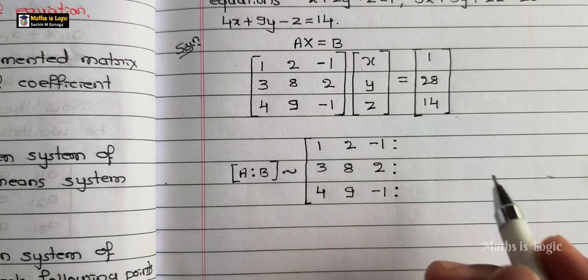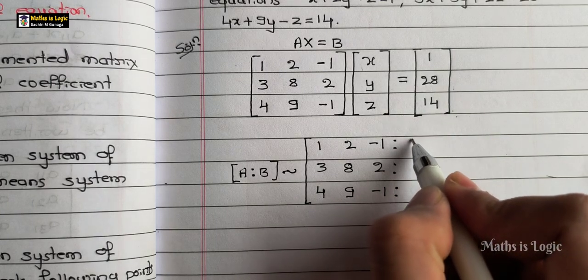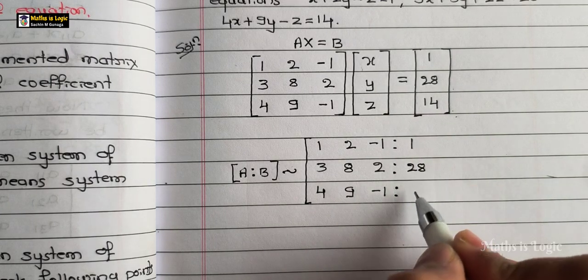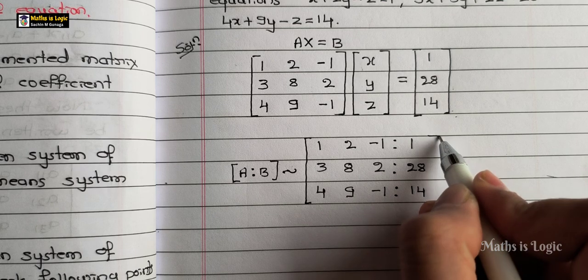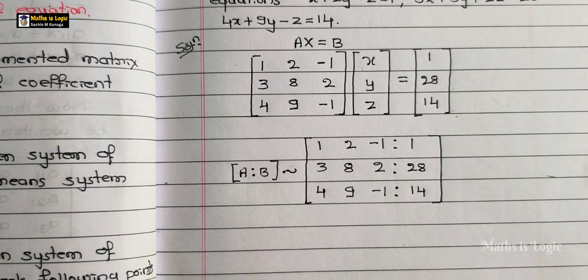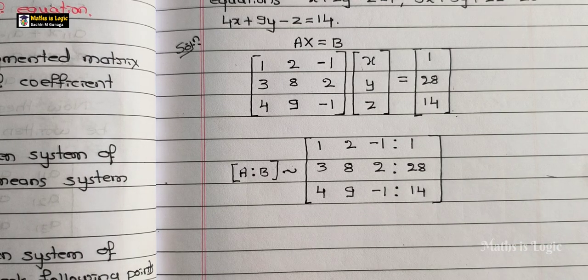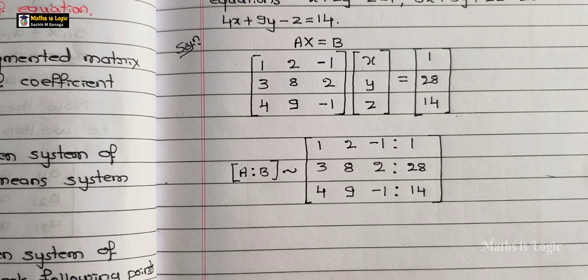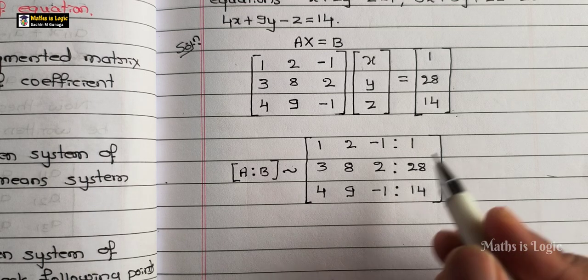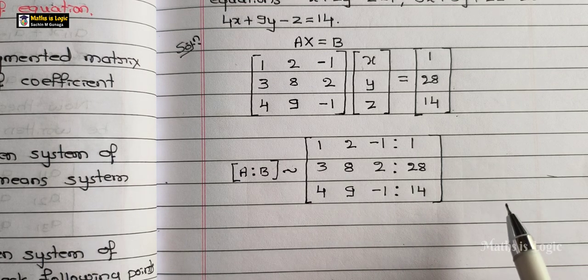Then write the constant matrix values 1, 28, 40. So this is the augmented matrix. Now we should apply row reduction to echelon form to find the rank of the augmented matrix. Therefore, apply row transformations.